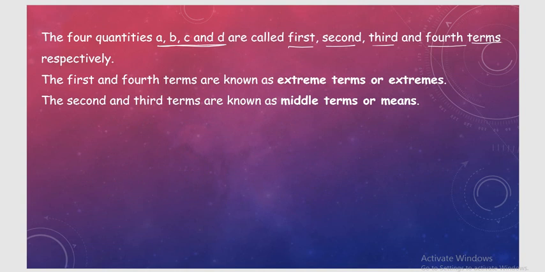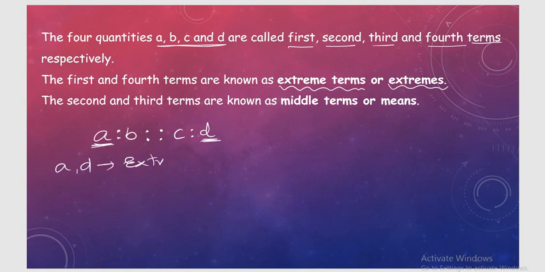A is to B is proportionate to C is to D. This particular A and this particular D are far from the center, so we call them extreme terms or extremes. We call A and D as extremes.